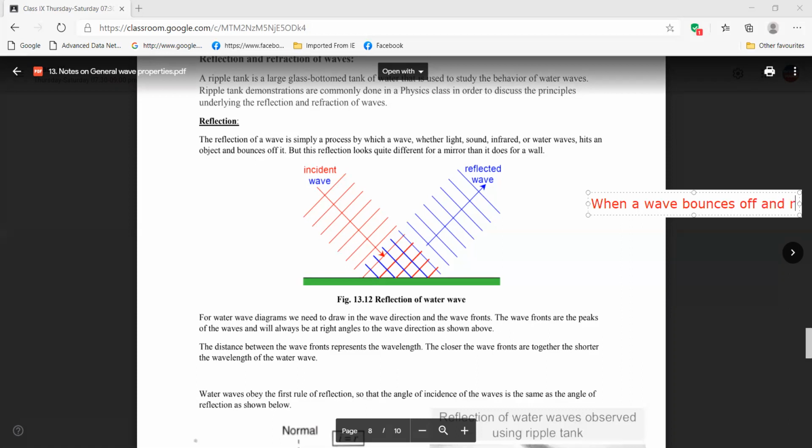If you are done, then you write this definition. When a wave bounces off and returns to the same medium, then it is called reflection, right?